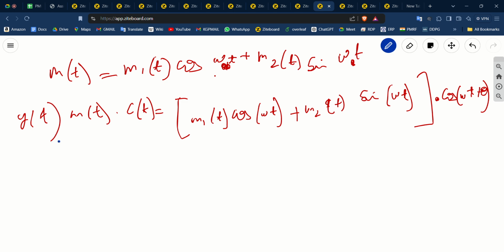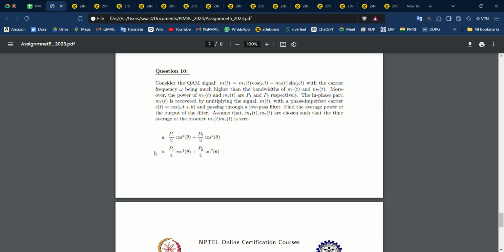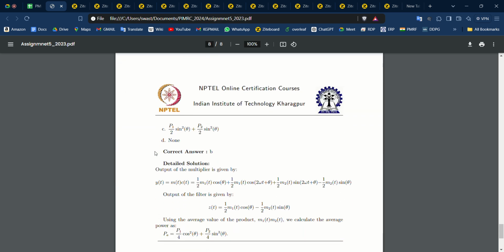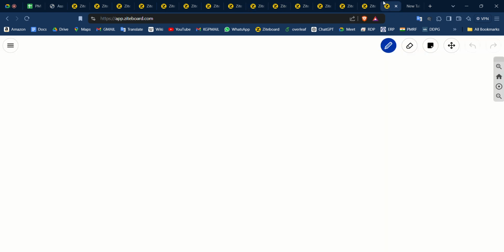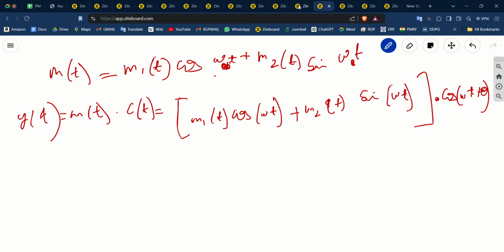Now this thing gets filtered. So what is the power? The main thing about this filter is that whatever the omega t terms are, it will vanish all the omega t terms.